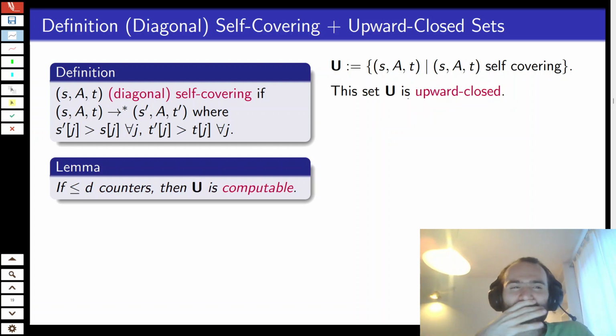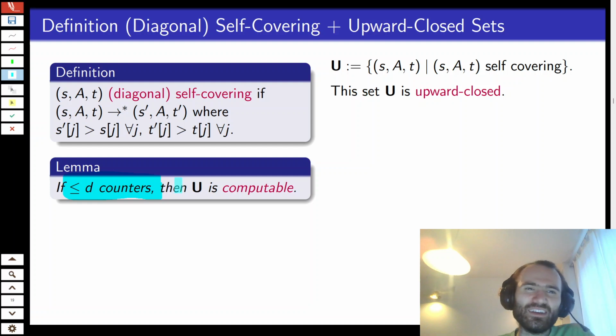And now the lemma. As I said before, we claim that if we have at most D counters, then U is computable. Again, for the ones who don't like to ignore the rigid counters, at most D counters means counters that are non-rigid but not omega.